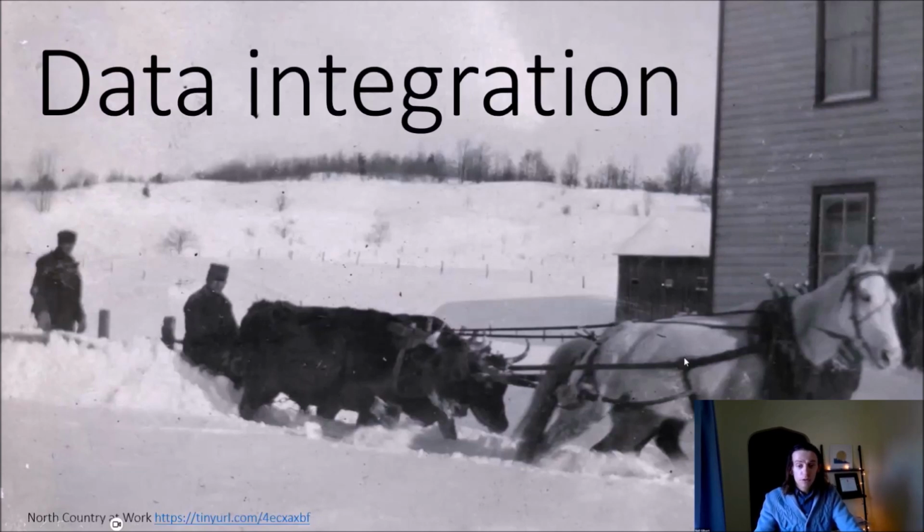Here we're combining the forces of our horses and our oxen. Maybe these two animals have distinct advantages when it comes to snow plowing. Maybe horses have longer legs and can get into deeper snow, and maybe oxen have more endurance. So by combining these animals into a team, you're able to get more power and plow your road better.